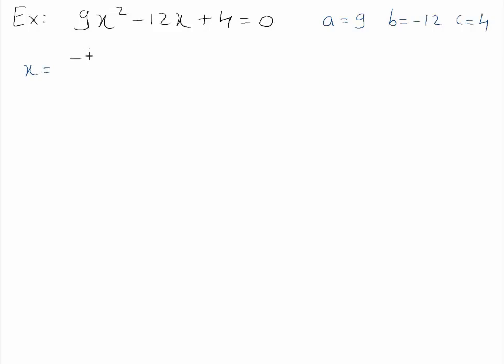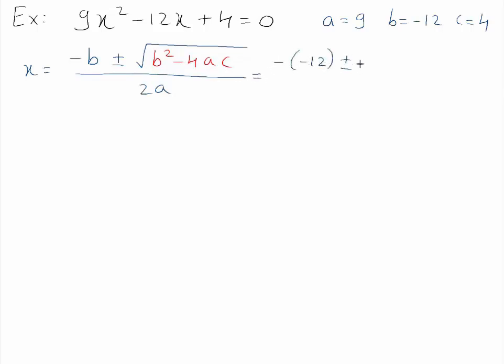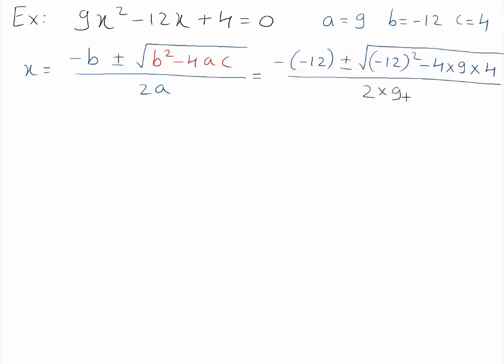So x equals minus b plus minus square root b square minus 4ac divided by 2a. So this equals minus of minus 12 plus minus square root of minus 12 square minus 4 multiplied by a multiplied by c, whole divided by 2a, that's 2 into 9.